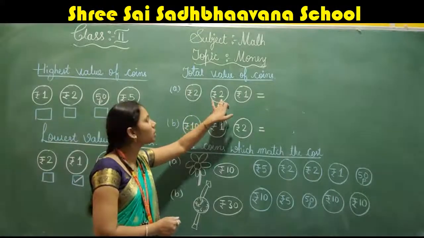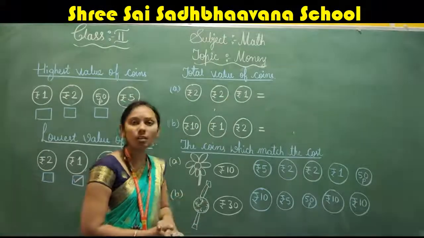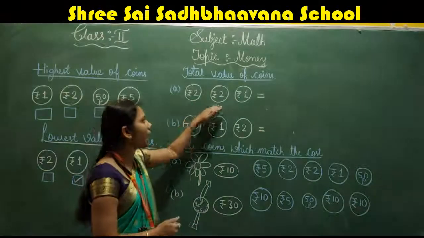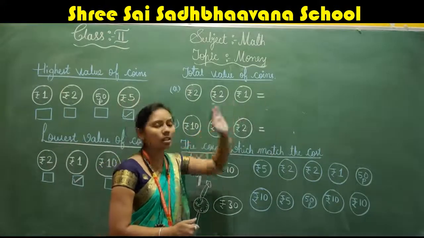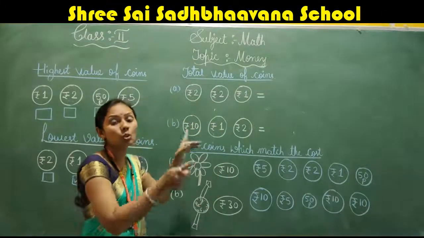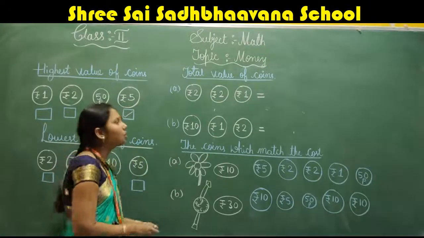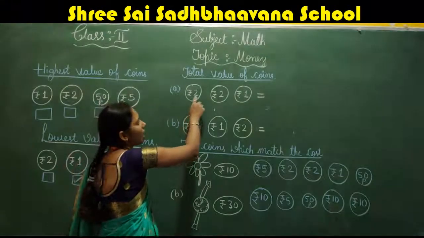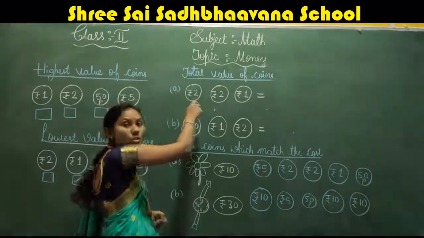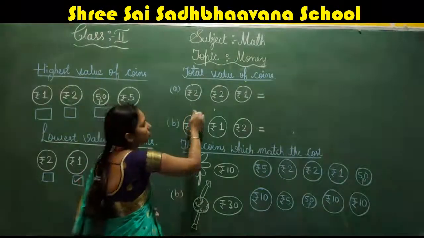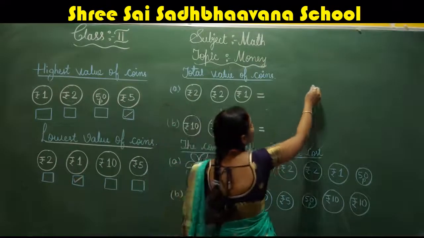Again one more 2 rupee coin is there. Again a 1 rupee coin is there. So let us add these and find out the total number of rupees we have. Yes, 2 rupee coin we have, so I am going to add it.